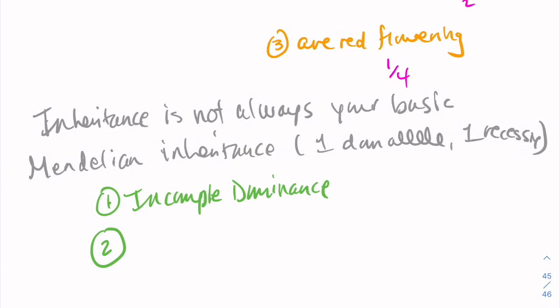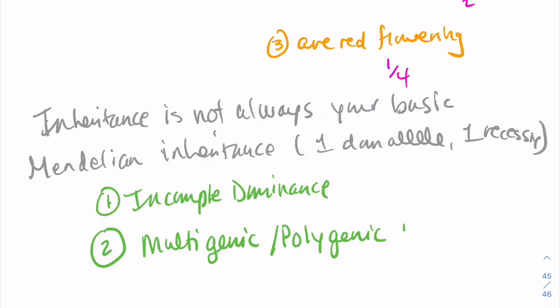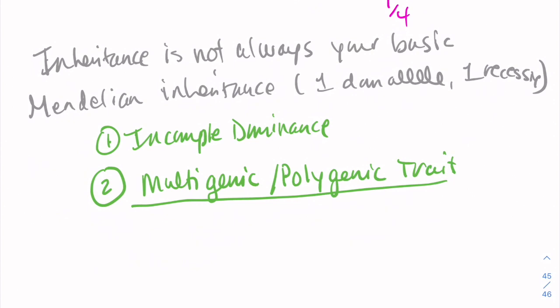So we call this a multigenic or polygenic trait. And with multigenic and polygenic traits, more than one gene, each with its own set of alleles, controls a trait.